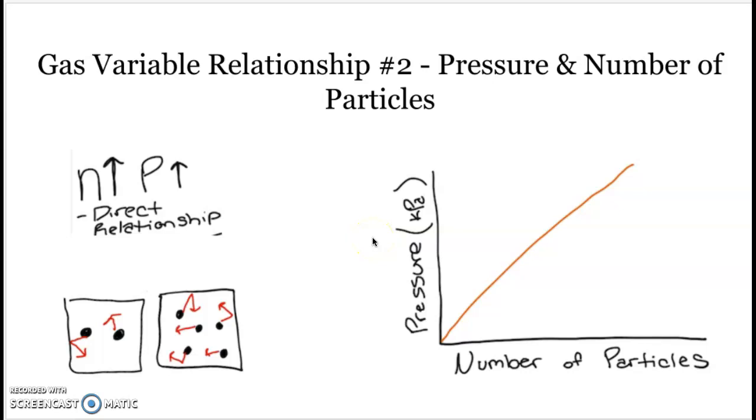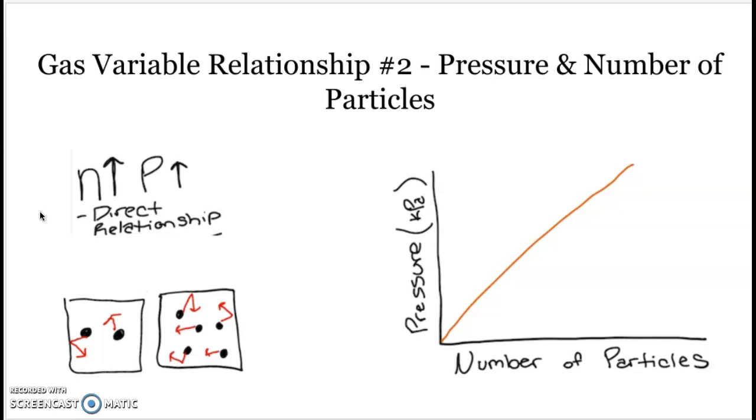Let's use the letter N as an abbreviation for the number of particles. So as N goes up, pressure goes up, and vice versa. If N were to go down, pressure would go down.